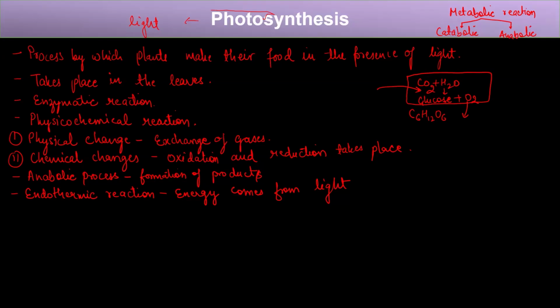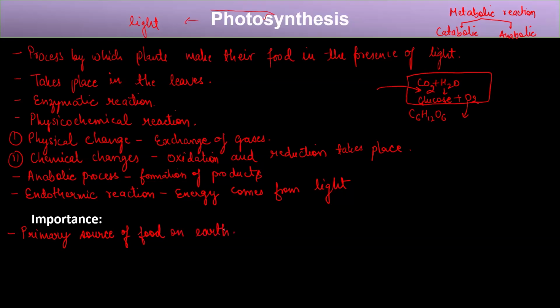Okay. So this is about the basics of photosynthesis, what type of reaction photosynthesis is. Now, let's talk about the importance of photosynthesis. So the one major importance of photosynthesis is it is the primary source of food on earth, right?